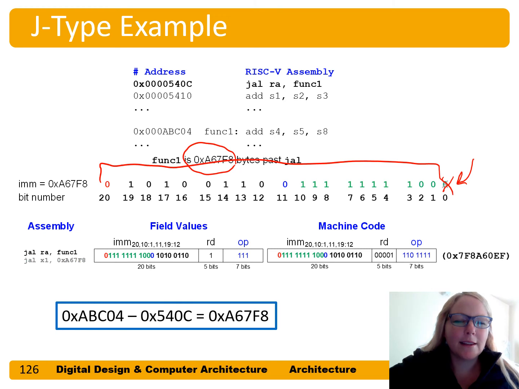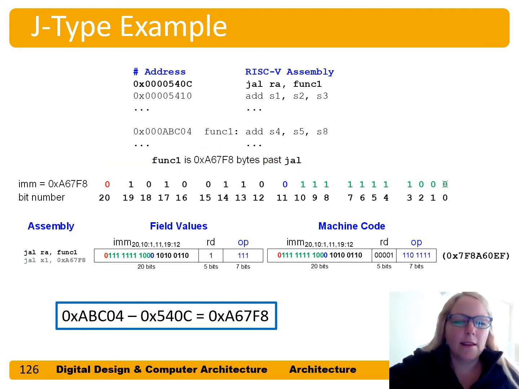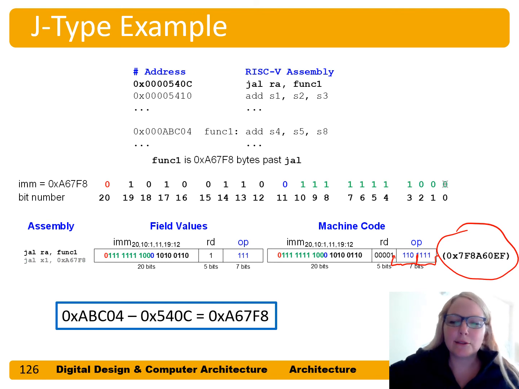Bit 20 goes in that most significant bit, and then bits 10 through 1, and then bit 11, and finally bits 19 through 12. And then taking groups of 4, we can write that in hexadecimal. So we get hex 7F8A60EF.